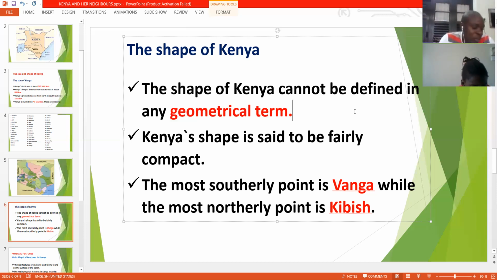Yes. That is where we have a town called Kibish. So they say the most northerly point is what we call Kibish, and the most southerly point is what we call Vanga. So those are towns which are the borders on the northern side and the southern side of Kenya respectively. So we cannot give Kenya any geometrical term.